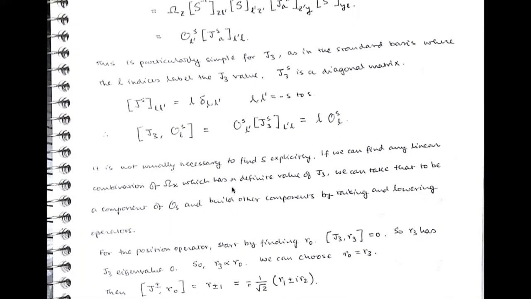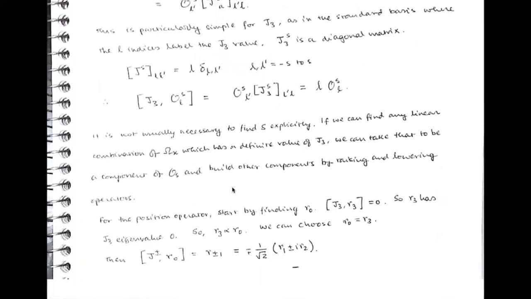For the example that we did for the position operator, we can start by finding R naught. In that case, we could easily find that J3 with R3 gives you 0. So R3 has a J3 eigenvalue of 0. So that is going to be proportional to R naught.